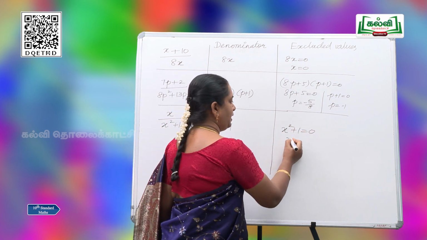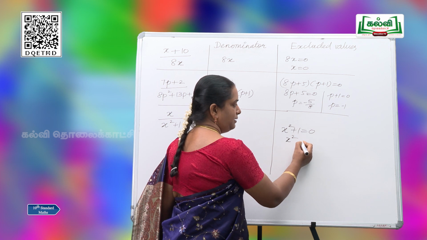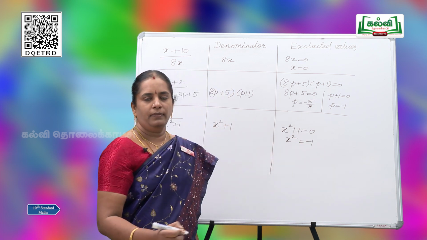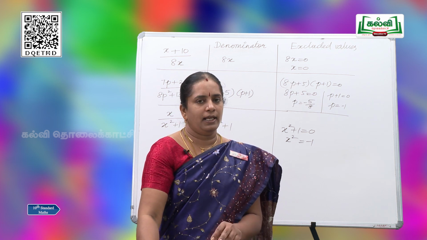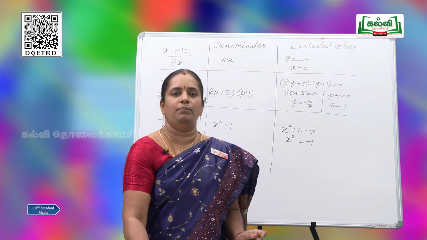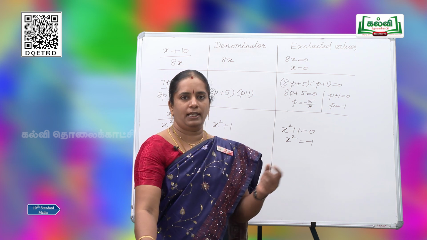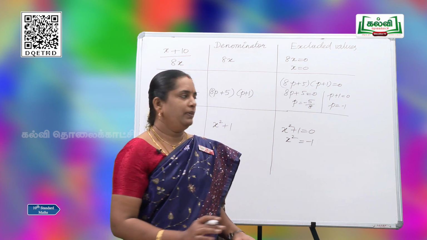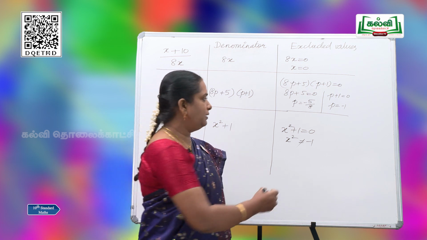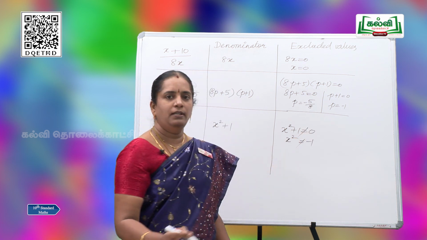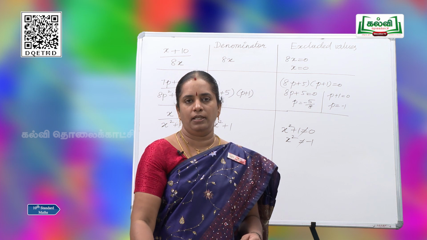So, we get x square is equal to minus 1. Where will we get x square is equal to minus 1? In real numbers, we do not have any number whose square is negative, so no excluded value. x square plus 1 is always not equal to 0.